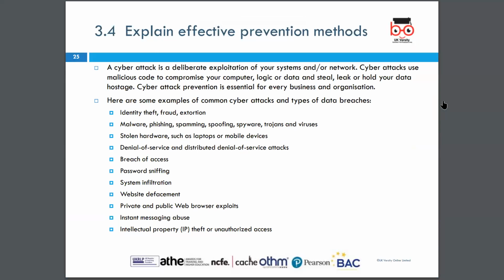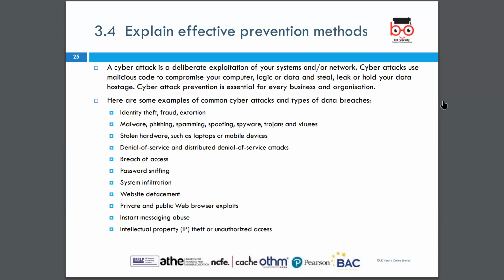So what do we mean by prevention methods? We're just going to look into how cyber attacks use malicious code to compromise our computer systems and networks, and how cyber attack prevention is essential for every business and organization.